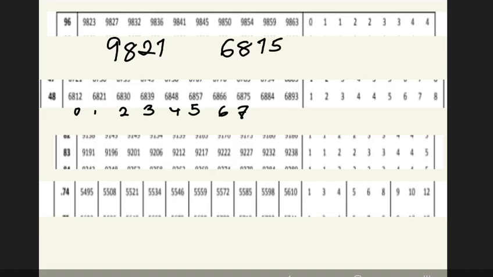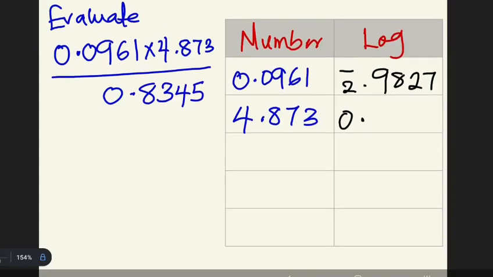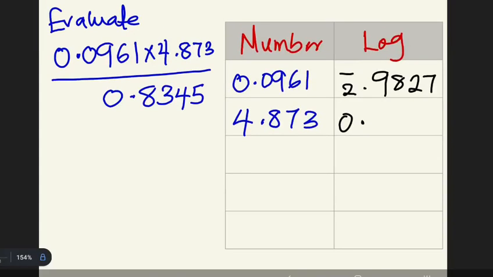Difference 3 is 1, 2, 3. So you add 3 to 8, we have 6878. We have 6878.